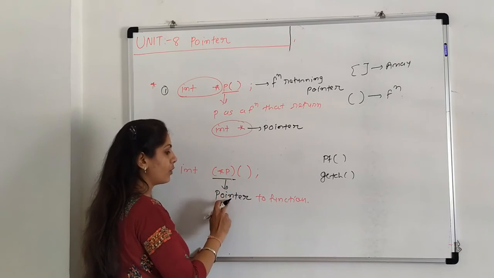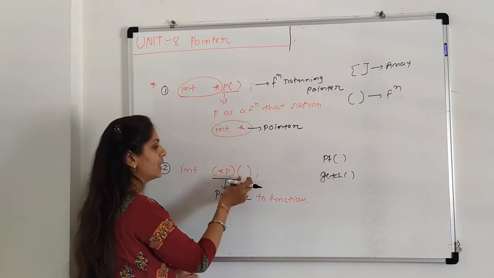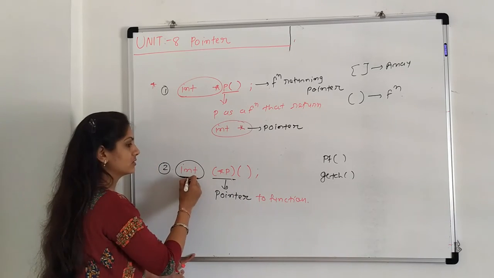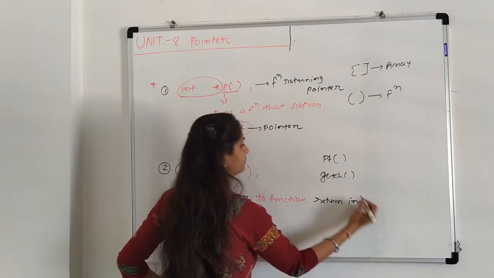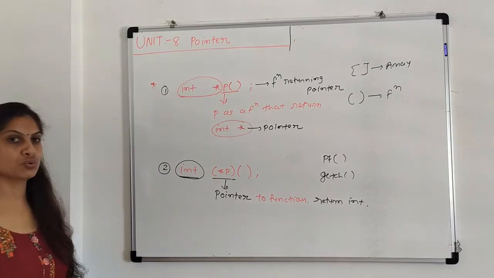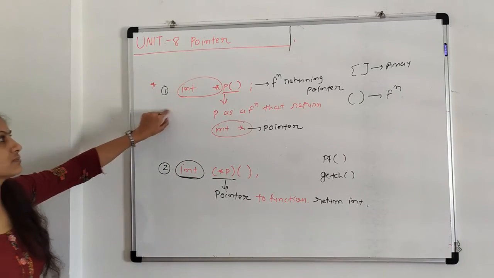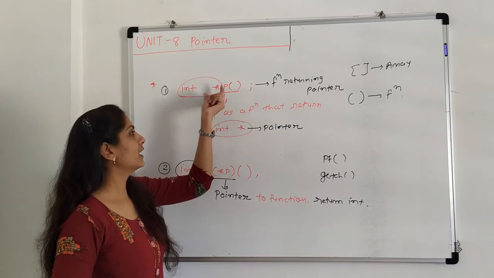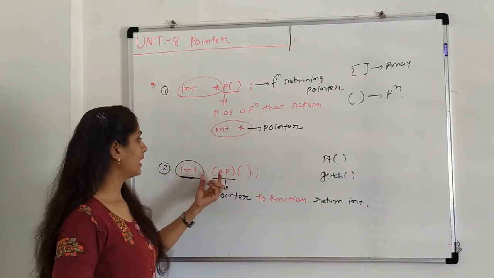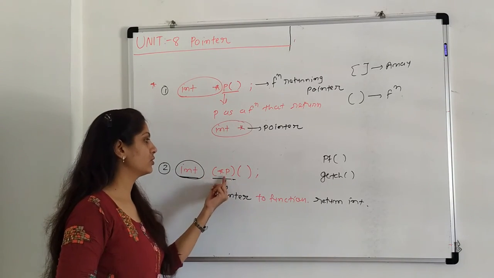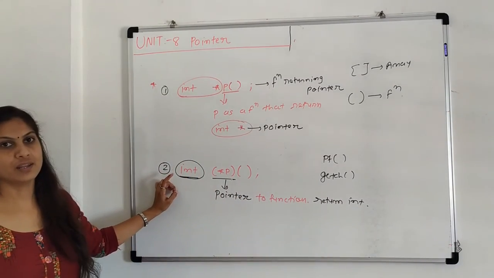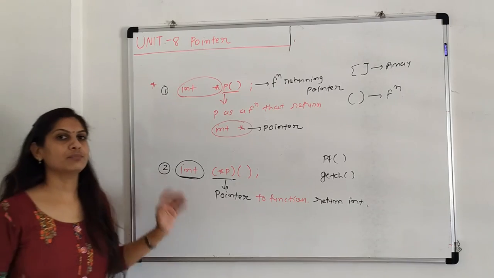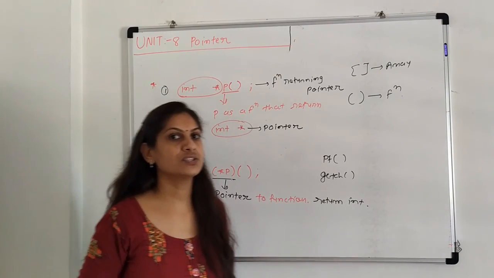P is a pointer to a function, and that function returns only an integer value. This is the difference between these two statements. First is function p that returns integer star, and here p is a pointer to a function, and that function returns an integer value. This is a short type of question that is asked in GTU.